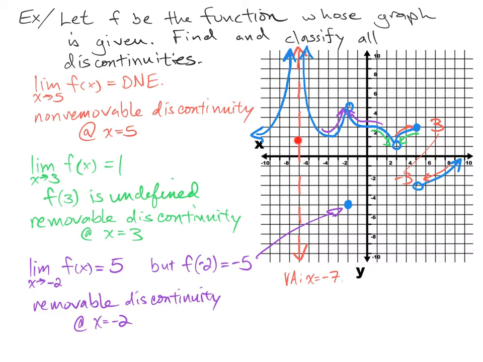Now this last one, the limit as x approaches -7. I'm going to write that way over here underneath the graph. The limit as x approaches -7 of f of x. Now you might know that as we approach from the left and from the right, this left-sided limit goes off to infinity and this right-sided limit also goes off to infinity.